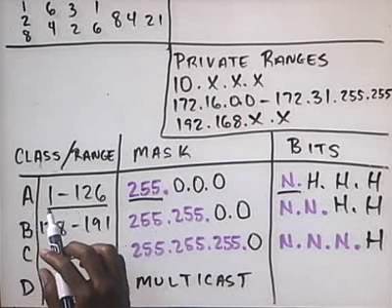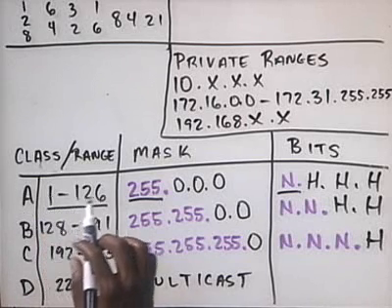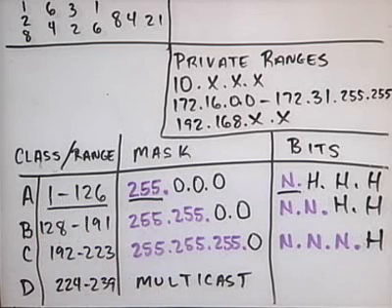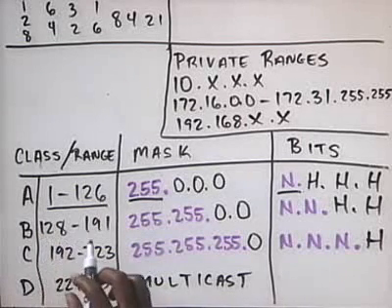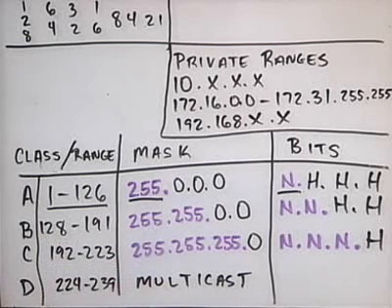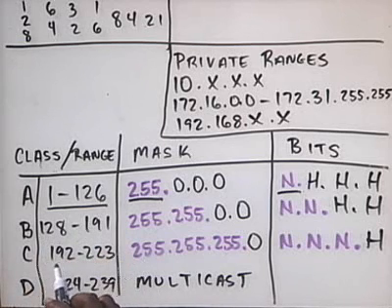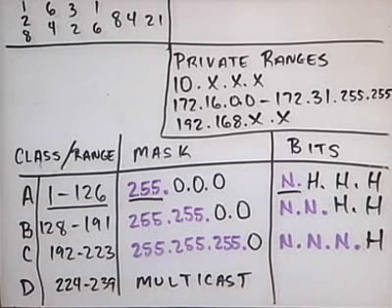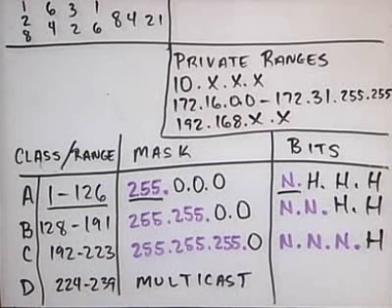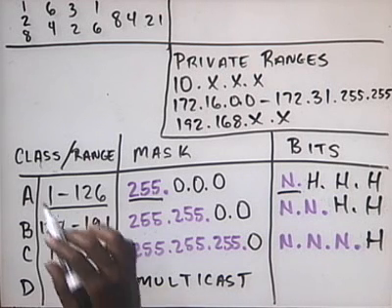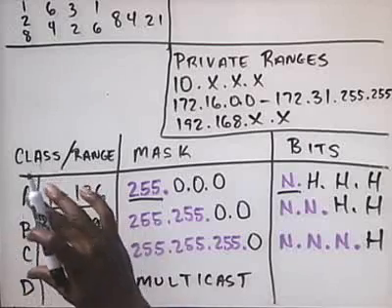Class A addresses will begin with numbers 1 through 126 in the first octet. 128 through 191 in the first octet will be Class B addresses. 192 through 223 are Class C, and then 224 through 239 will be D. Class D is reserved for multicast addresses, and then Class E would be reserved for specific research addresses. We're going to focus our attention on classes A, B, and C.